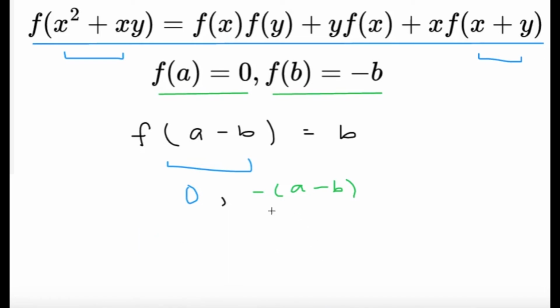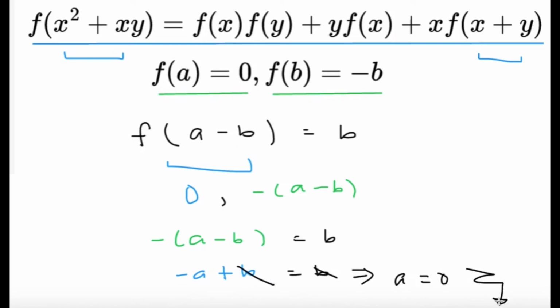Now, if I take the negative a minus b case, negative a minus b equals b. Let's do some simplification. It's going to become negative a plus b, and this equals b. I can cancel the b's, and this is going to give me a equals 0. Again, another contradiction.